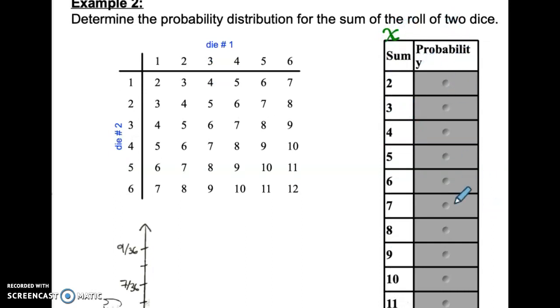And then the next column is going to be the probability that X equals x. So for each of the possibilities 2 through 12, that is a big X and a little x, it just doesn't look like it. So for all the possibilities 2 through 12, we're going to write out the probabilities.